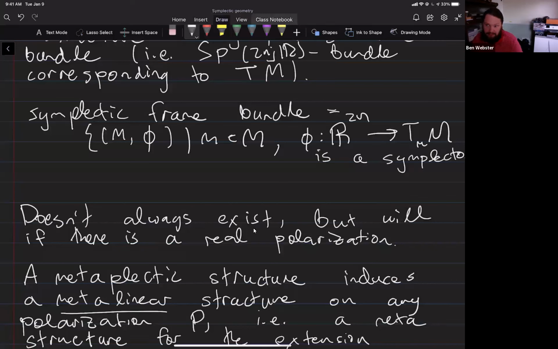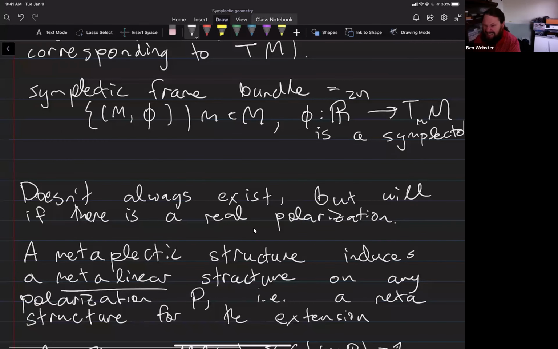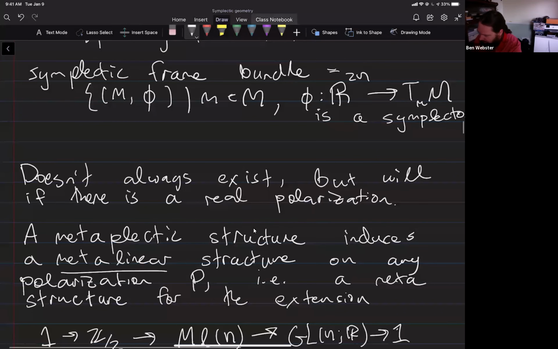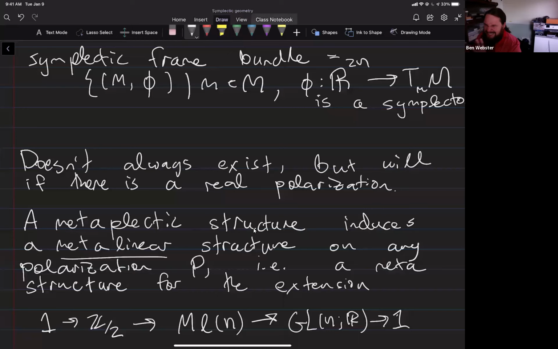And in particular, it tells you that the first Stiefel-Whitney class vanishes. I think maybe I need that the vector bundle given by the polarization is orientable. But it's okay. Point is, it's not actually that big of a restriction once you've loaded on all the other restrictions of geometric quantization anyways.